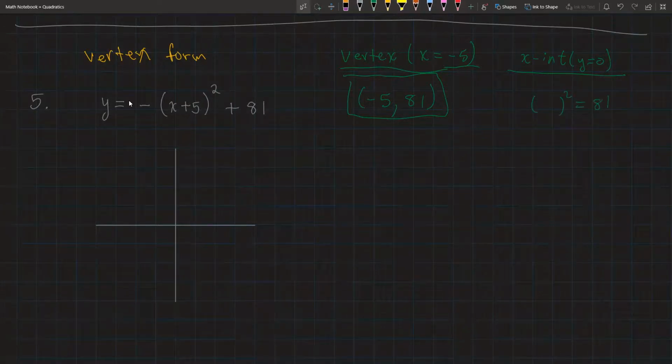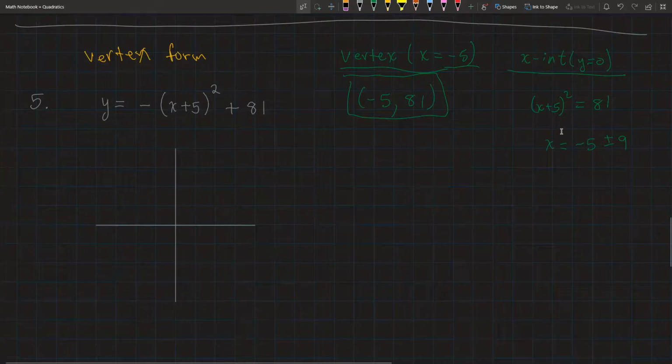If you're confused about this, we practice this a lot in many videos in the past. But I think that it's still very easy to see how we went from here to here once we substitute this y with a 0. And again, I'm not going to show all the steps, but we should get -5 plus or minus 9. Line of symmetry we said was when x equals -5. That's the same as this -5.